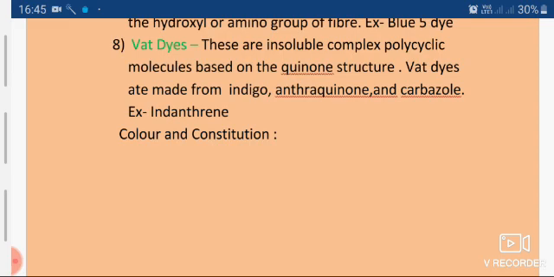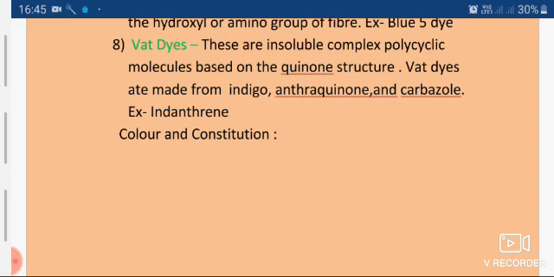The indigo dye is applied mainly on denim jeans that are made from vat dyes, and that is the favorite of youth to wear. And the example is indanthrene.